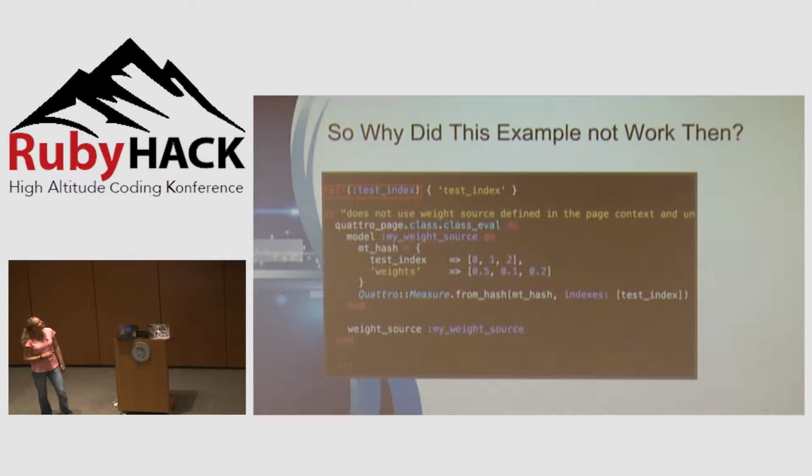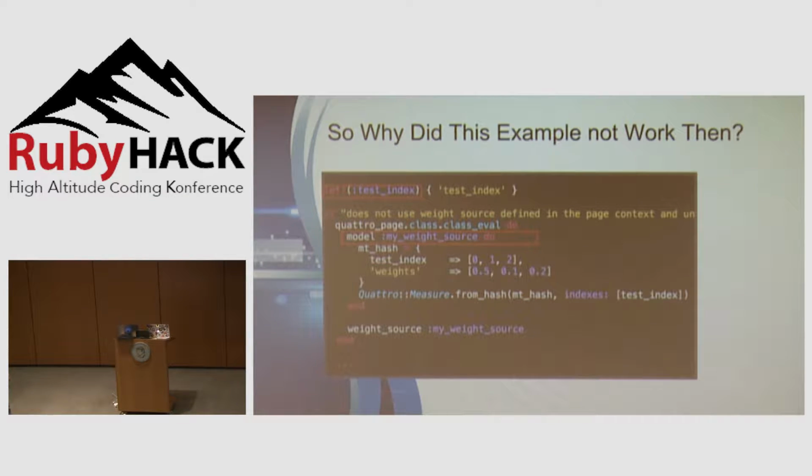That should mean that inside this first block, the self property is going to point to that RSpec object, which means the self property inside the second block should also point to that RSpec object, which has test_index defined on it. And therefore, the code should work. But we know it doesn't.